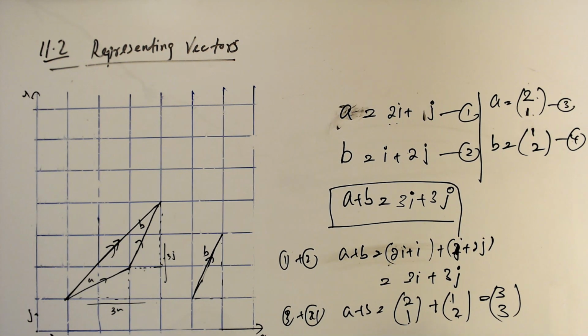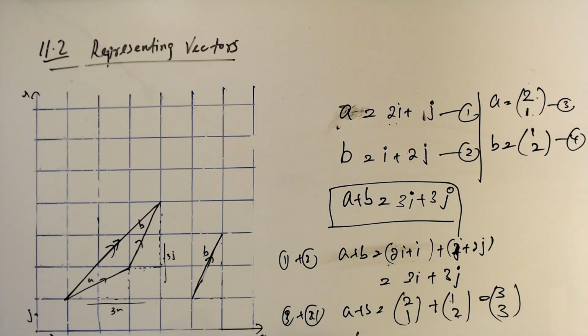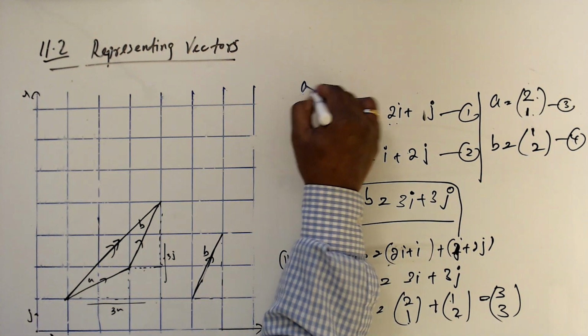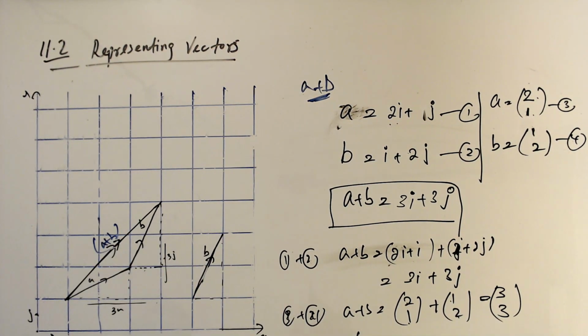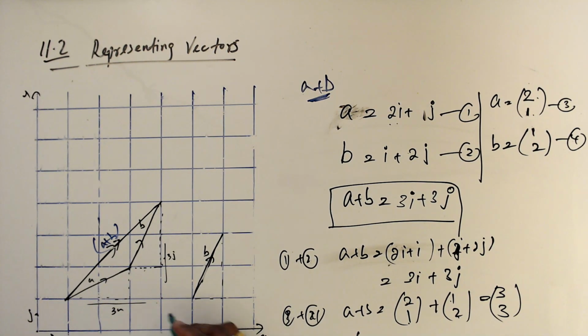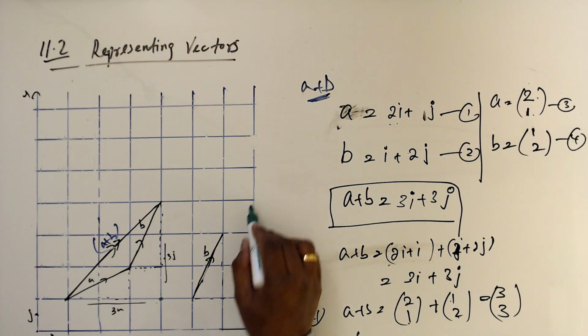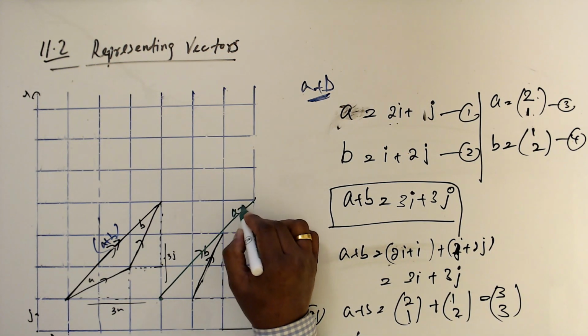My next question is, draw another a plus b vector. Now this is a plus b, from here to here. So I can draw another one like this. If you start here, 1 2 3, 1 2 3, so this is 3 by 3. So this is also a plus b.